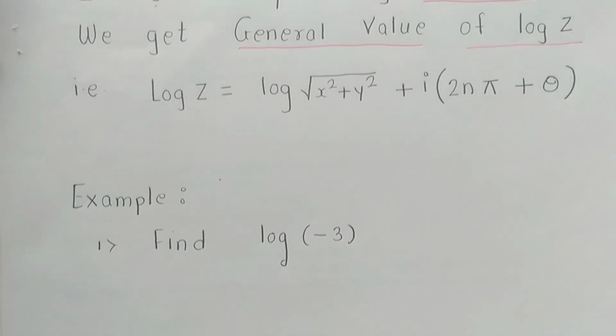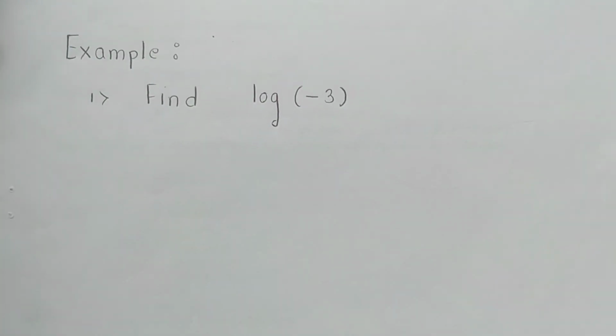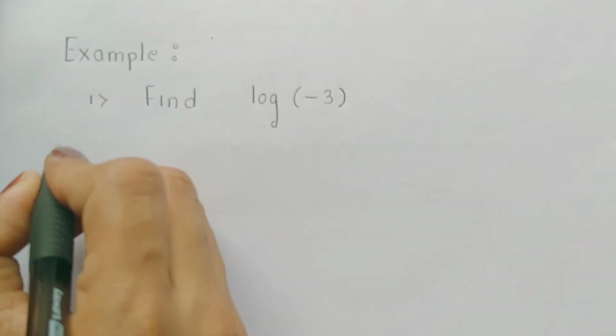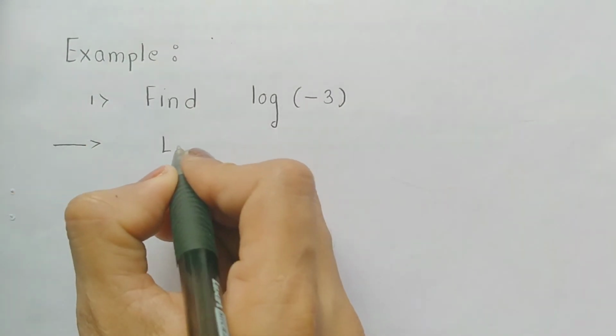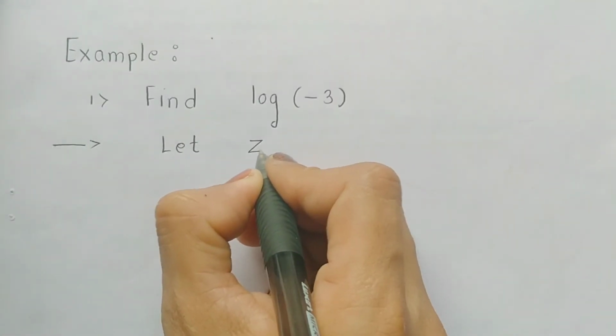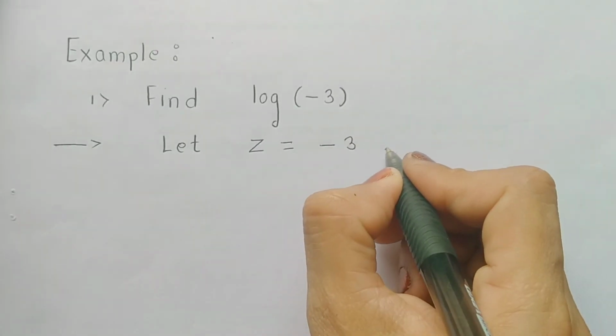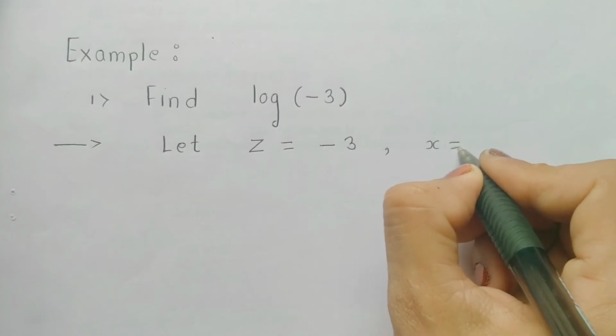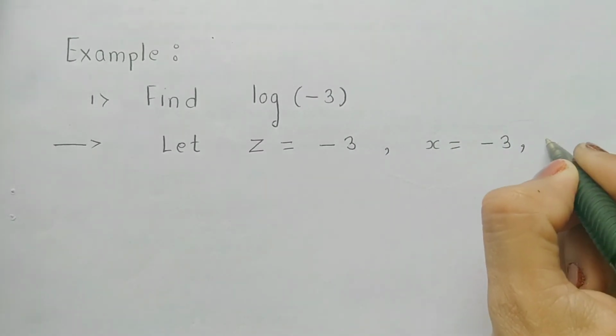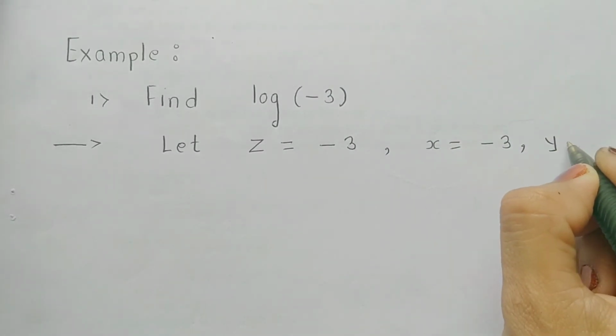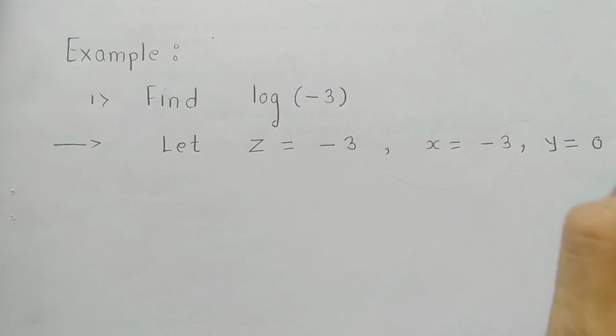So let us consider the question, find log of minus 3. Let z is equal to minus 3. Now we get the value of x is equal to minus 3 and the value of y is missing, that means the value of y is 0 here.